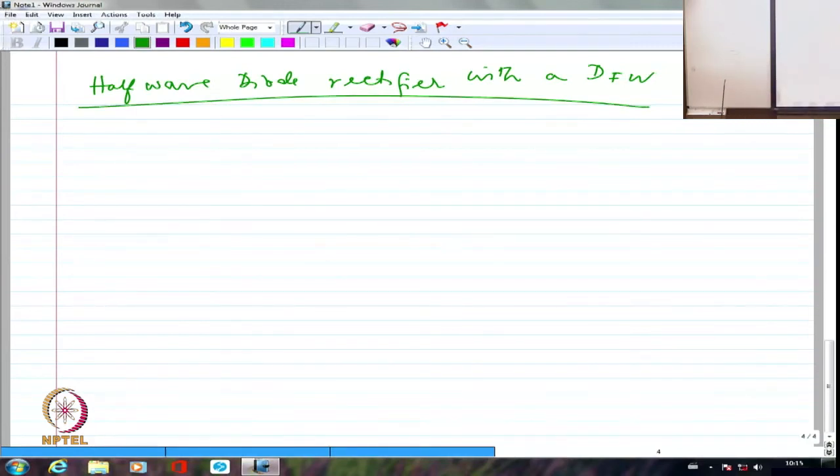So this is my normal half-wave rectifier. I'm showing it with RL load. We have drawn the waveform already, so I hope you guys are now somewhat familiar with this. Right?